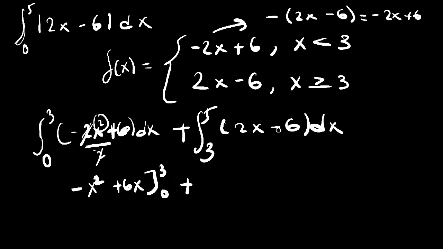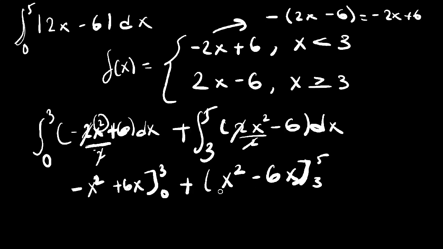Plus 2x minus 6, same thing, the 2s cancel, so we have positive x squared minus 6x from 3 to 5. And then we have all that.